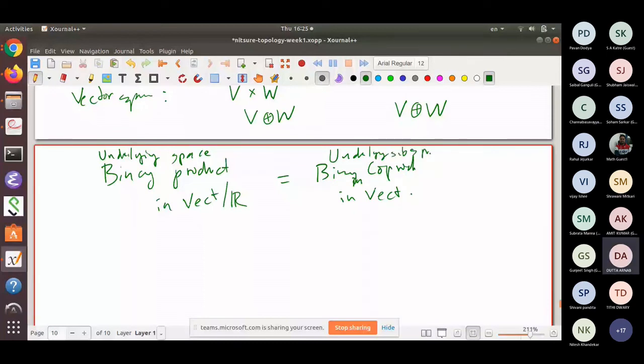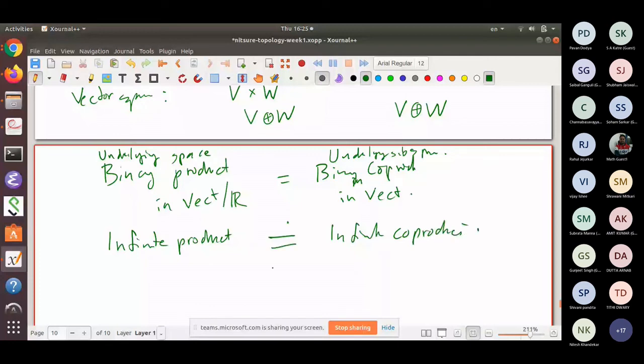Okay. Now, but something funny happens for infinite products and infinite coproduct. These are very different. Even the underlying vector spaces are different.